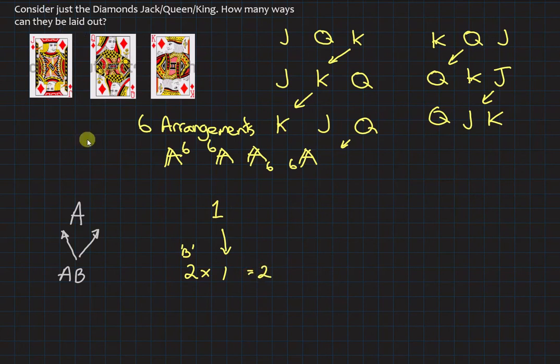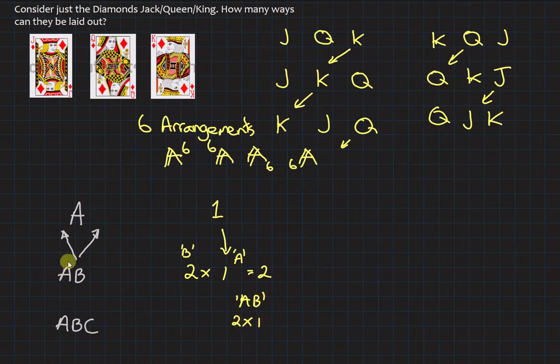Let's go again. I've now got A, B and C. The A and B we've copied from before. So that was the arrangements of A. Now the arrangements of A and B is the 2 times the 1.